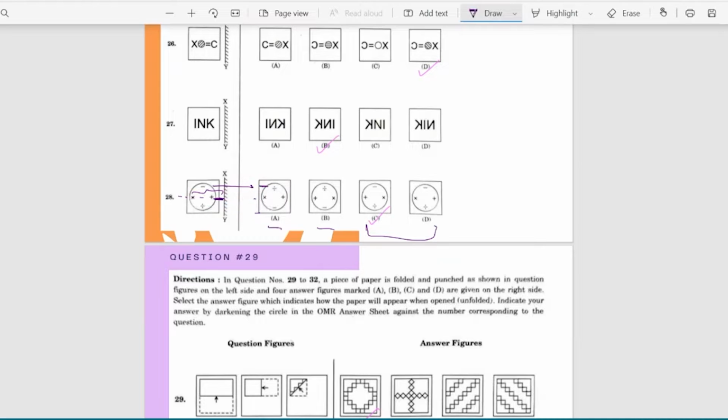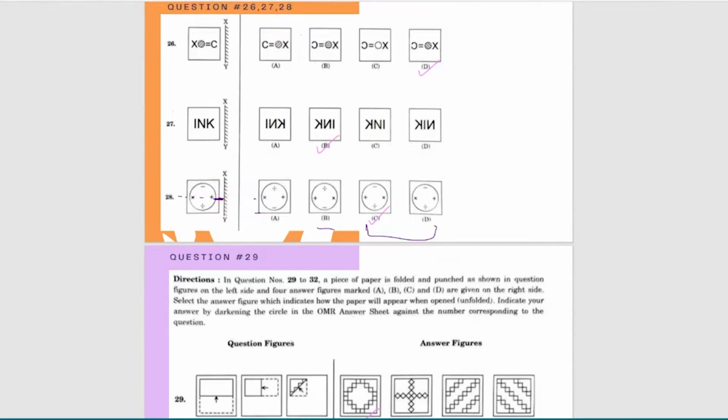So our final answer figure should look something like this: minus, divide, plus and into. So which of these answers looks like this? We can see that C has x over to the right, just like our answer figure, and plus to the left, and also minus is up and division is down. So option C is the correct answer.